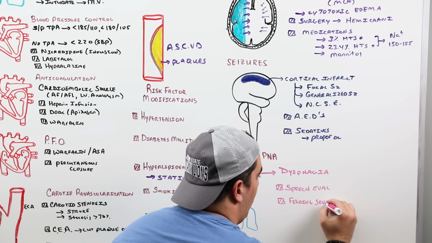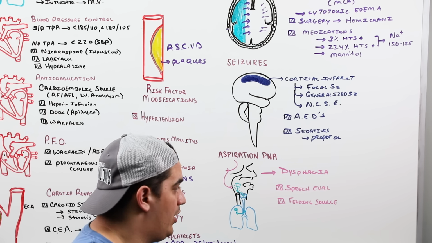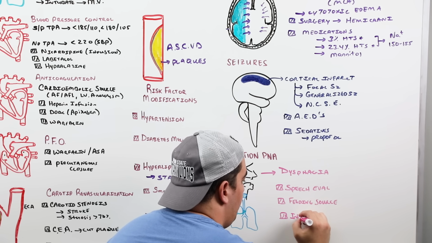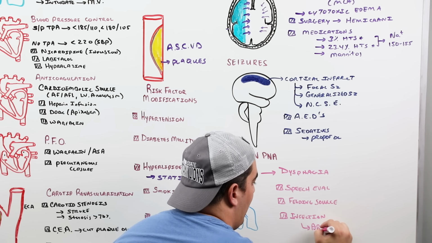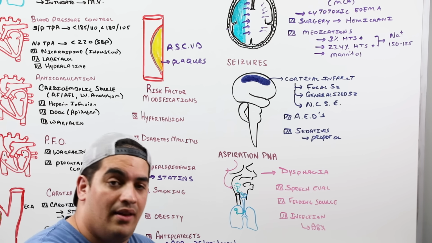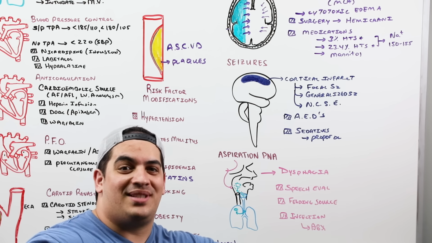And so maybe you have to put in a PEG tube or a feeding tube, like a Dobhoff or a nasogastric tube. Now, if they develop an infection because of that aspiration, what do you treat that with? You give them antibiotics, right? Broad spectrum antibiotics until you get cultures back and figure out what the cause of it is, and then narrow it down. Ninja Nerds, you beasts, we made it through acute ischemic stroke.